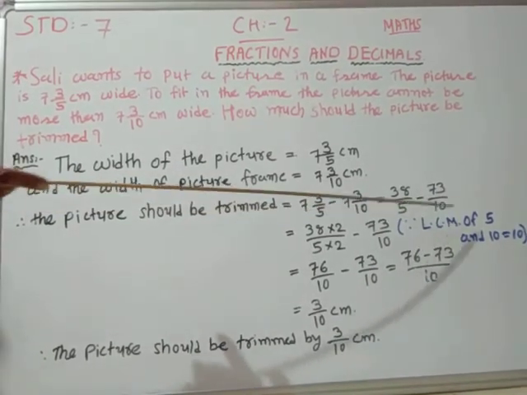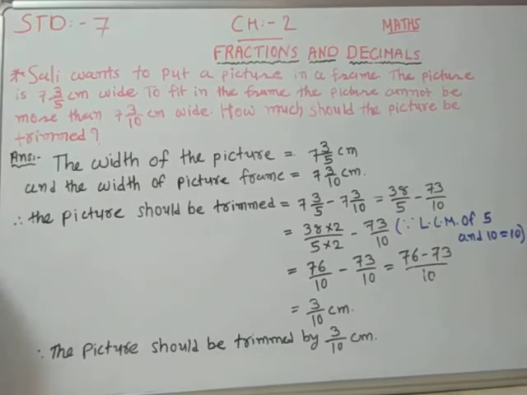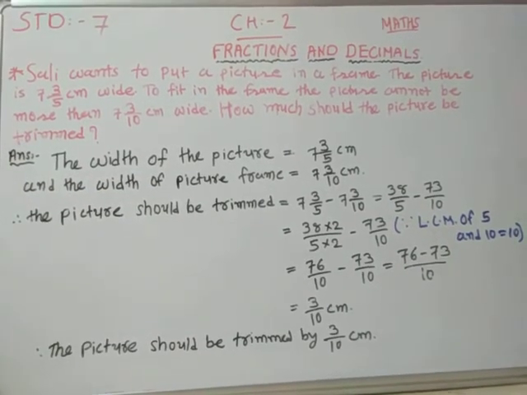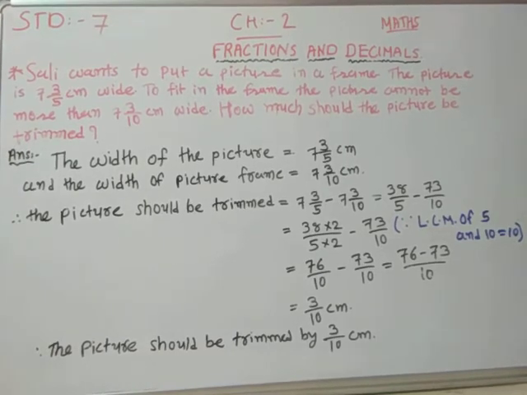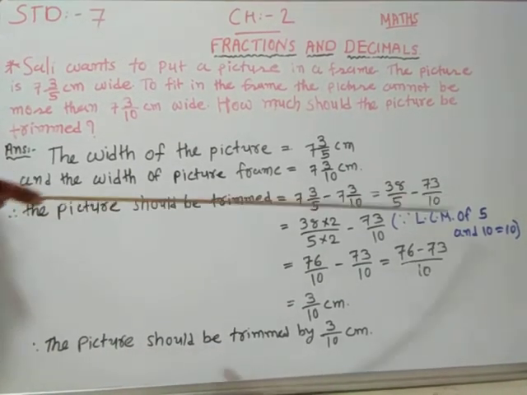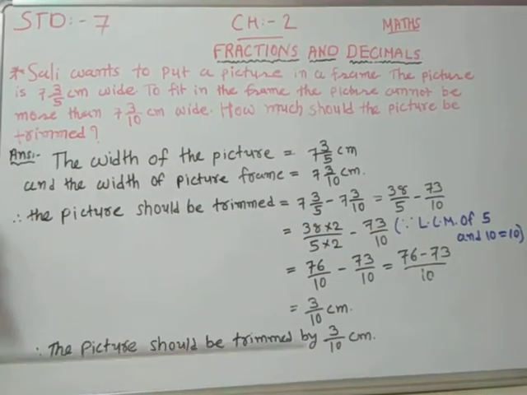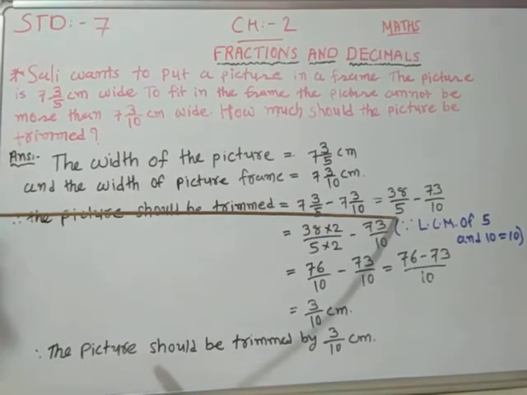Now just look, both the denominators are different. So first we make the denominator same. And to make the denominator same, we have to find out the LCM of 5 and 10. LCM of 5 and 10 is equal to 10. Now first take this 38 upon 5.